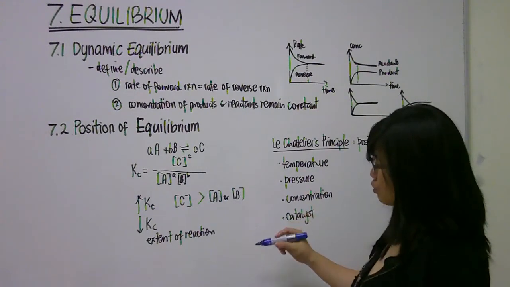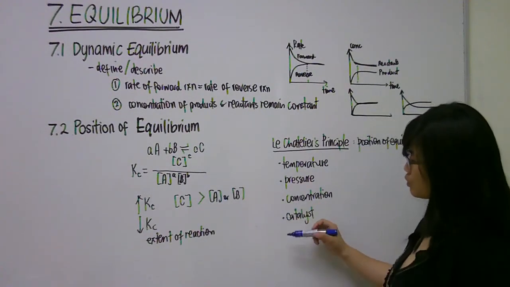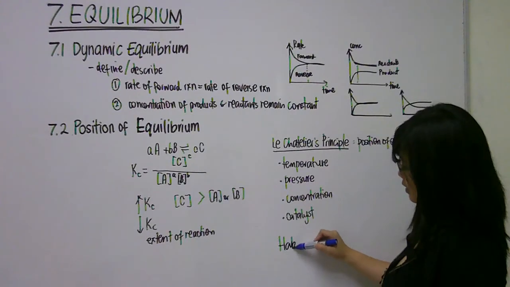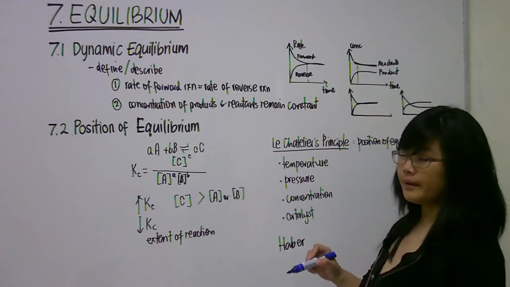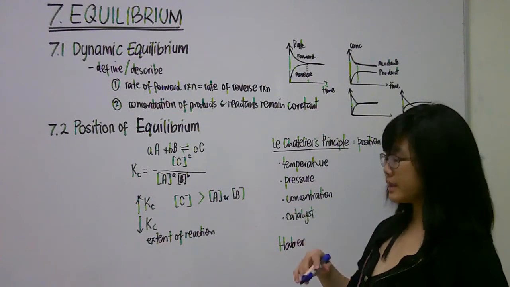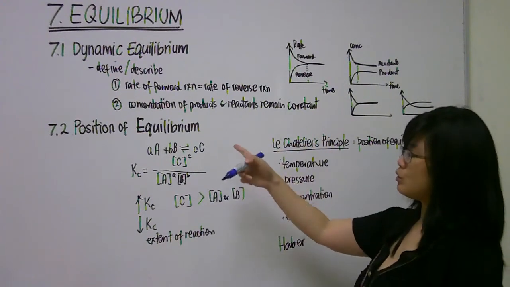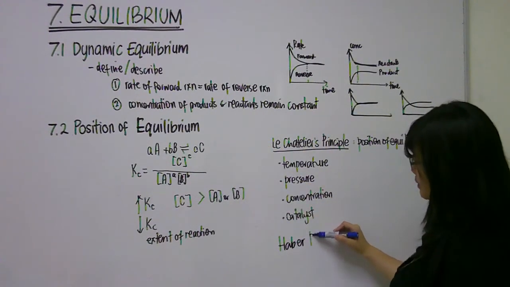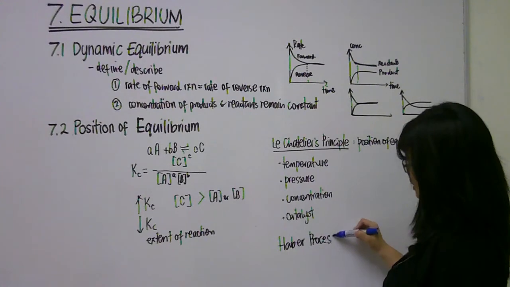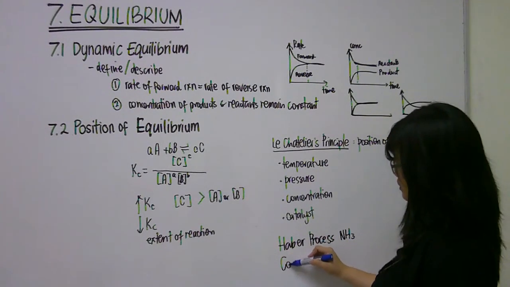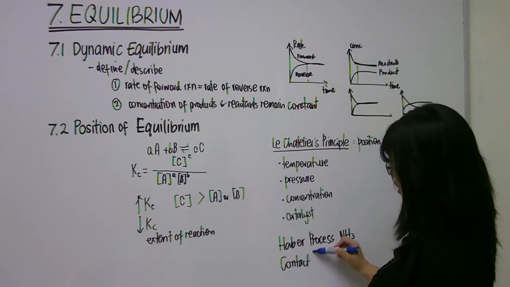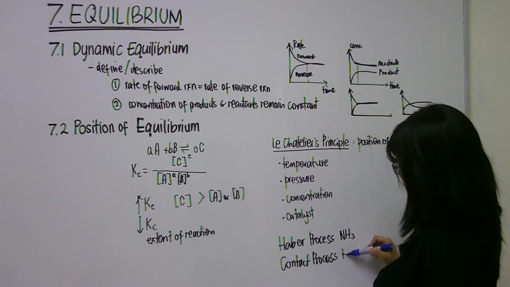You also need to know, or rather need to explain to the student about the two industrial processes which involve dynamic equilibrium, which are the Haber process for the formation of ammonia, and the contact process, which is the formation of sulfuric acid.